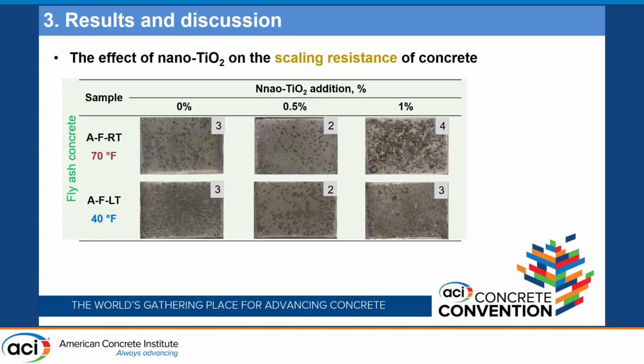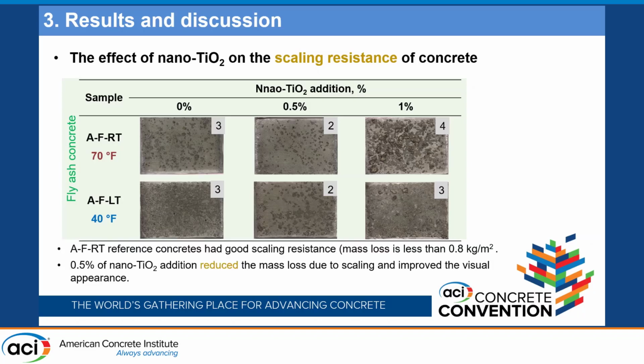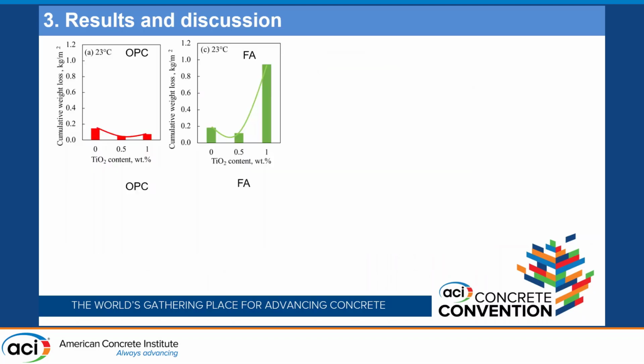We get the rating of 4. But when we look at the surface of concrete that was cured at low temperature before exposure to scaling tests, that was about 3 at this point. So again, the overall mass losses were not very high in this case.